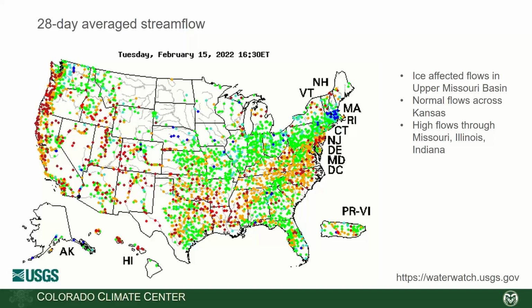You can see a number of streams in the Ohio River Valley, all the way from eastern Ohio down to where it meets the Mississippi River, running above average. There's a number of streams still in the normal range, but a lot of rivers above average at this point. And once we get into the outlook, we can talk about how that's likely expected to continue.